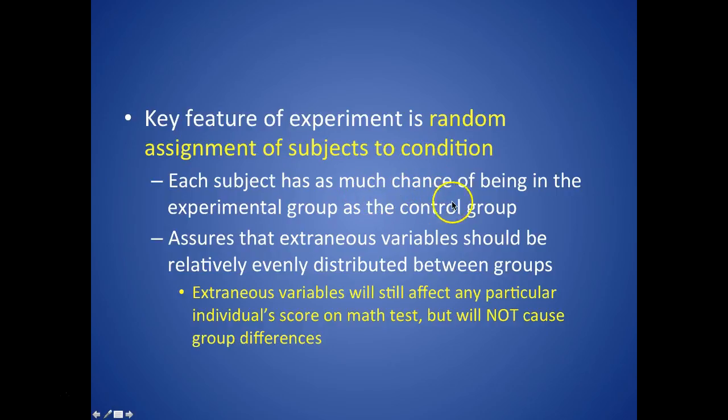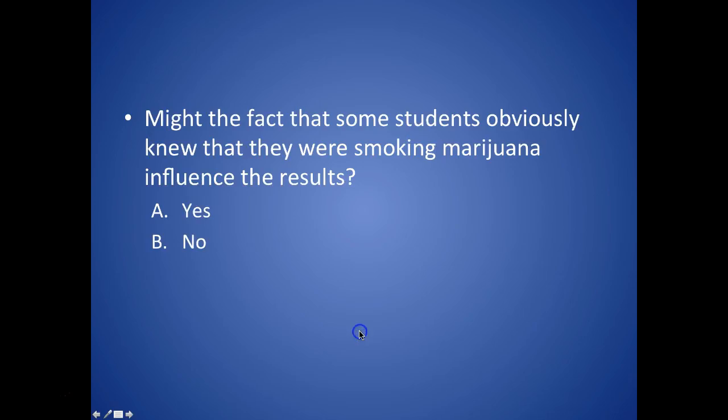Each subject has as much chance of being in the experimental group as in the control group, which suggests that the extraneous variables are evenly distributed between groups. Extraneous variables can still affect a particular individual's score, like if they're stressed or tired, but you'll have equal numbers of those in both groups, and so that will not cause group differences.